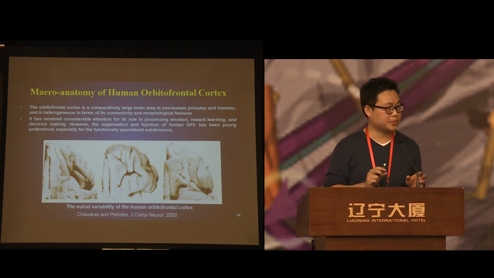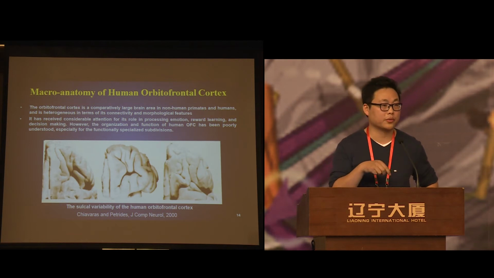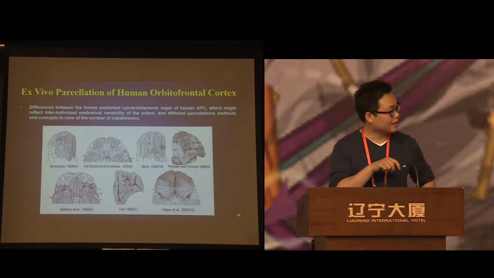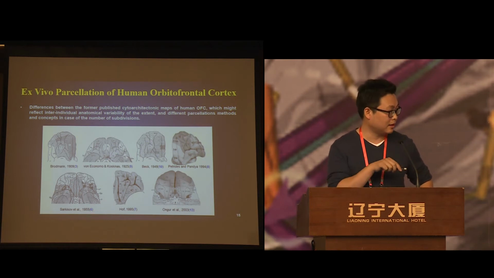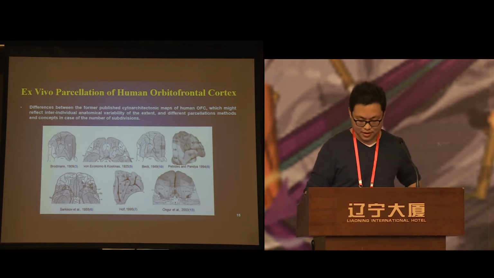Different subjects give you different results. If you want to use histology, there are lots of choices, from 3 to 17 different histology ways that give you different results. So there's no final atlas of the orbitofrontal cortex now.